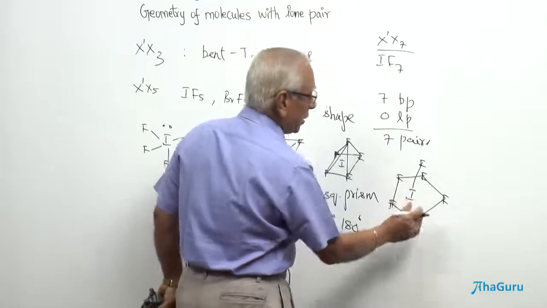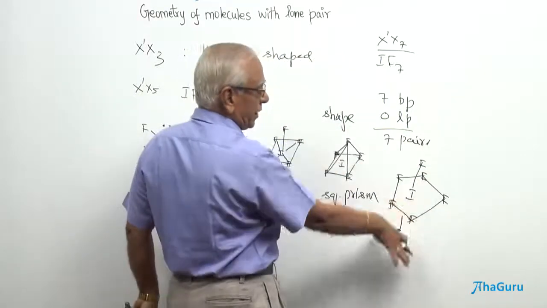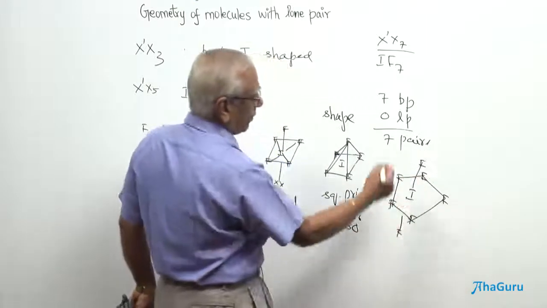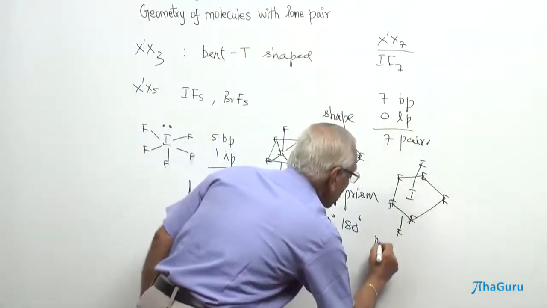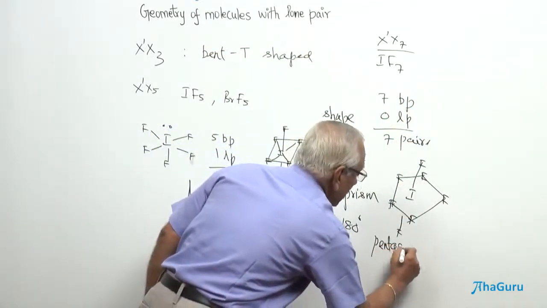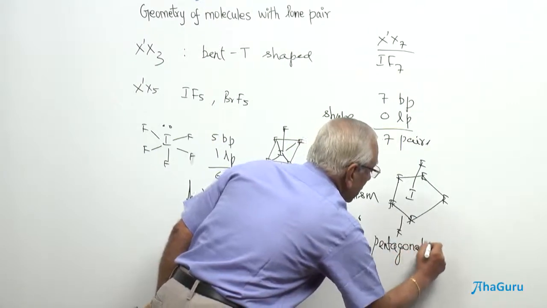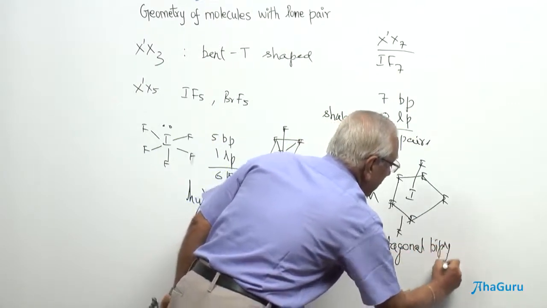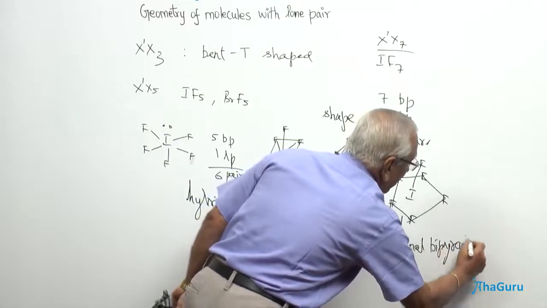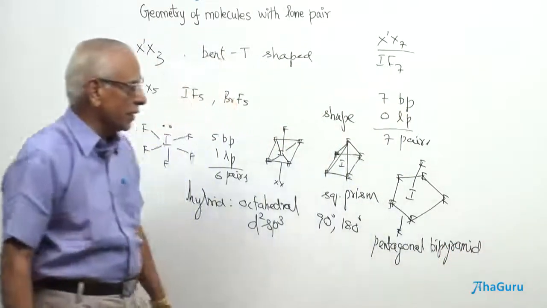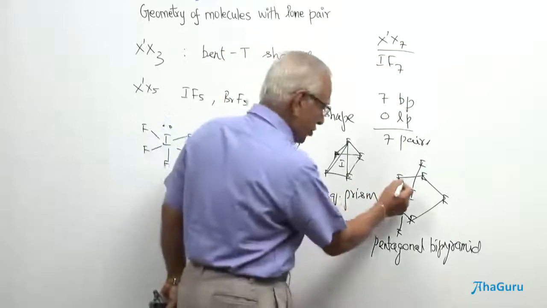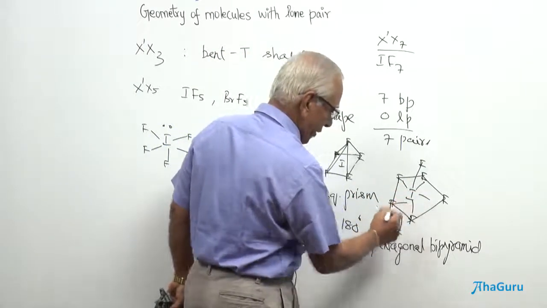And what is this molecule? It is going to be a pentagonal bipyramid. Hybridization is also pentagonal bipyramid and the shape is also pentagonal bipyramid.